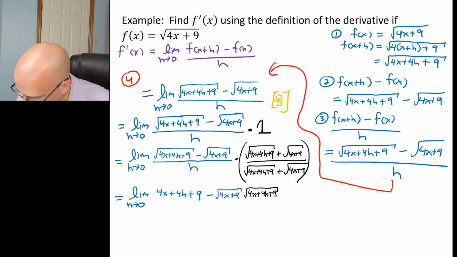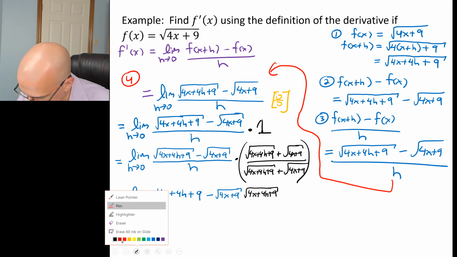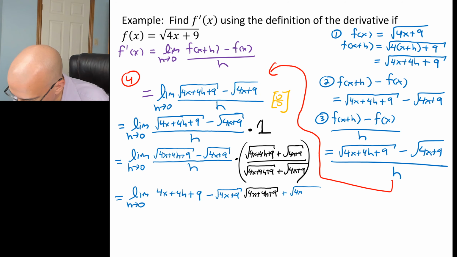And then I have plus outside times outside, plus square root 4x plus 4h plus 9 times square root 4x plus 9.